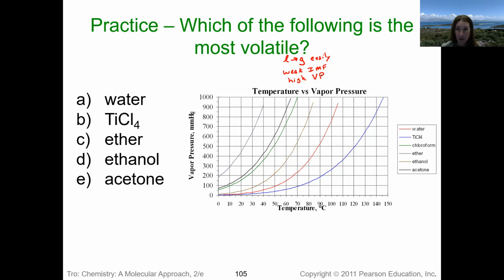Because the highest vapor pressure means it's the easiest for it to break. And I know, sorry, some of you can't really see these colors. I'll just label them. Here's water. This one you can see, TiCl4. This one's ether.